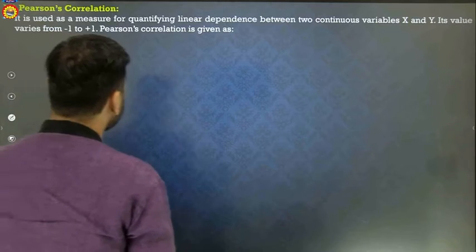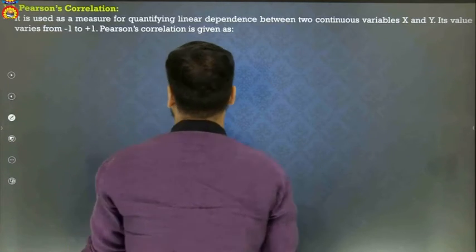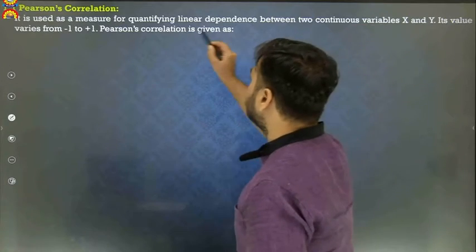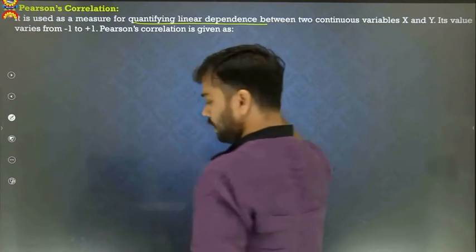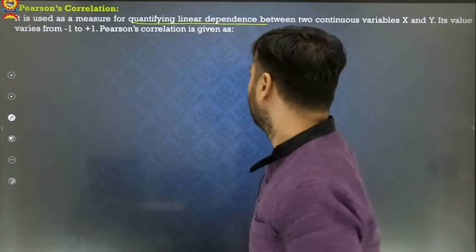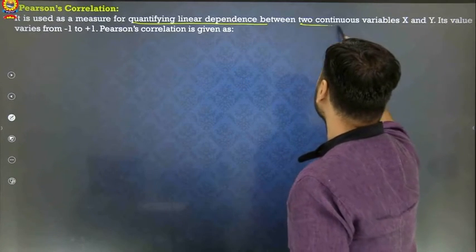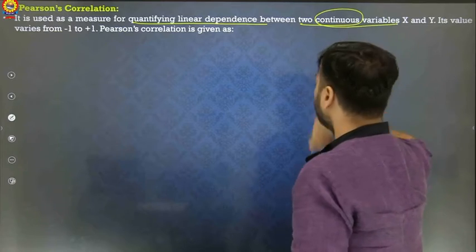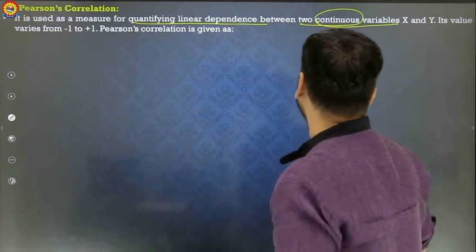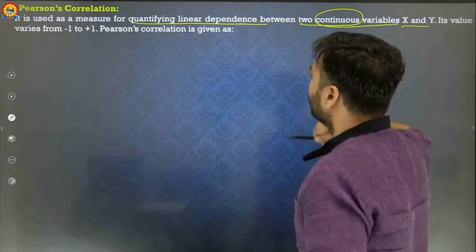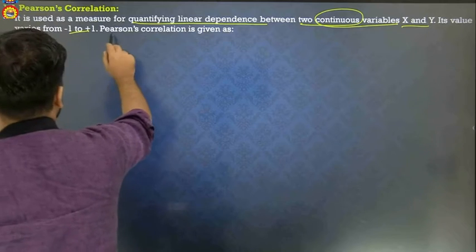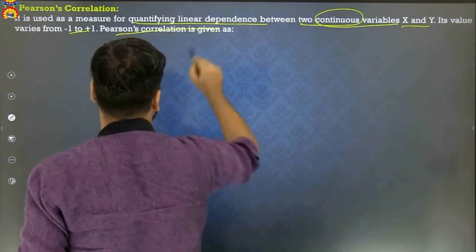It is used to measure, quantifying linear dependency. Linear dependency means if one is changing, how much will the other change. It is a linear dependency between two continuous variables, and it is applied on continuous values. For continuous values x and y, the values vary from -1 to +1. Pearson correlation is given as below.